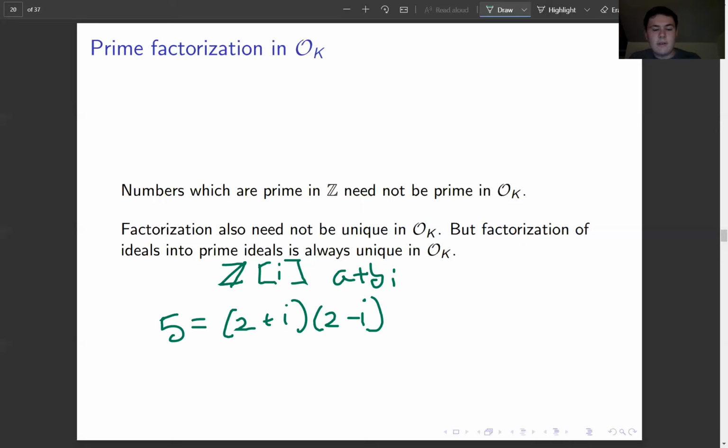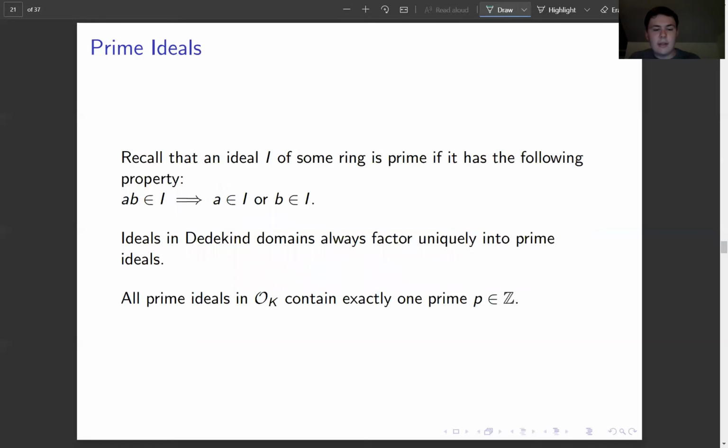In addition, factorization into primes that are prime in the rings of integers isn't always unique. Like we can come up with an idea of primeness in these rings of integers, even though prime factorization doesn't end up being unique. However, we can figure out that ideals of this ring of integers O_K always factor into prime ideals. And that has to do with the fact that it's a Dedekind domain. So recall this definition of a prime ideal.